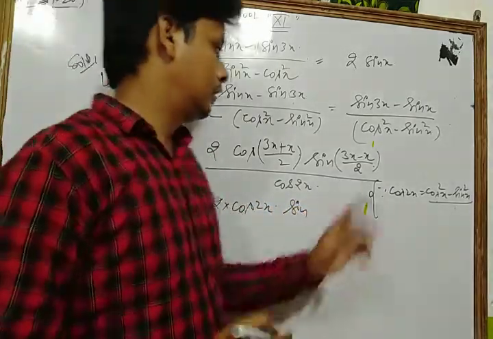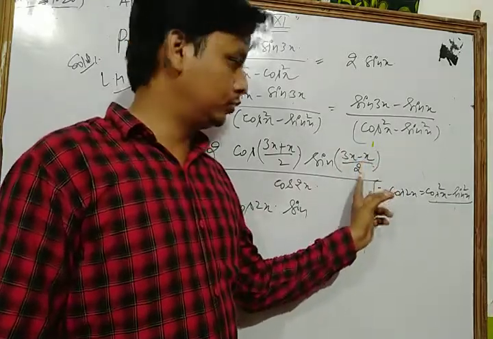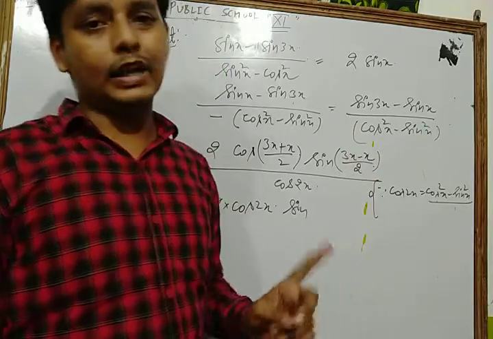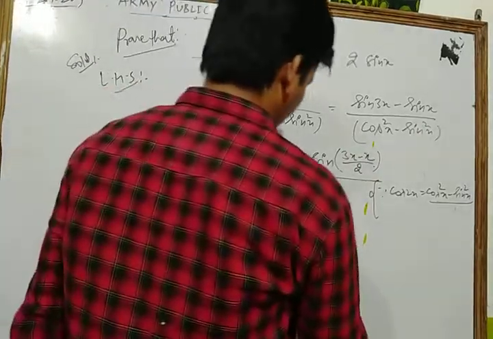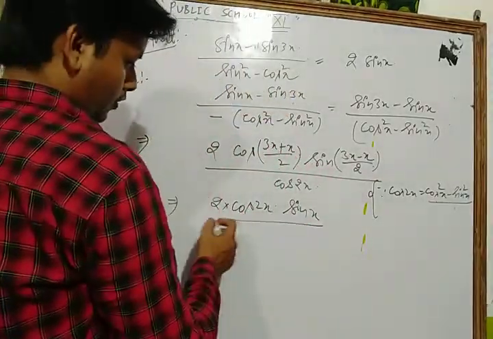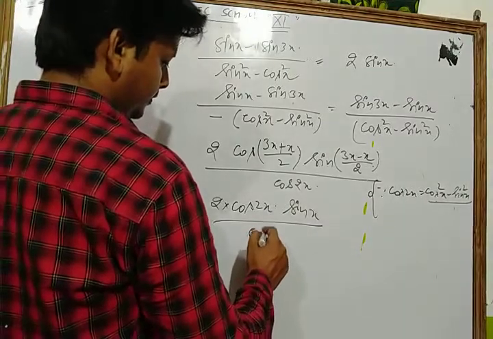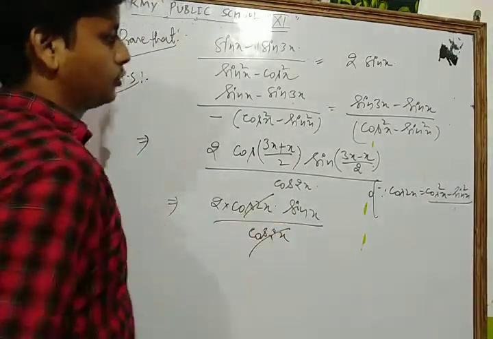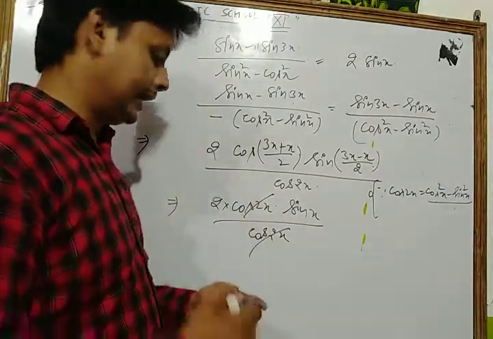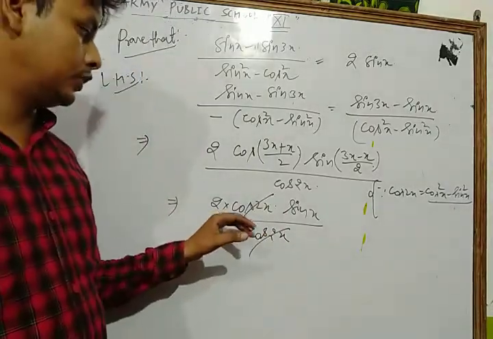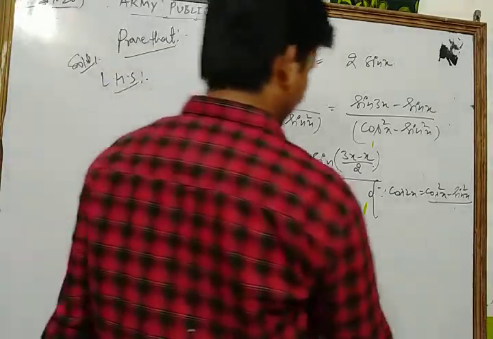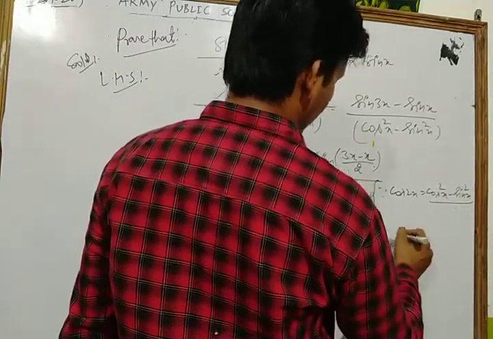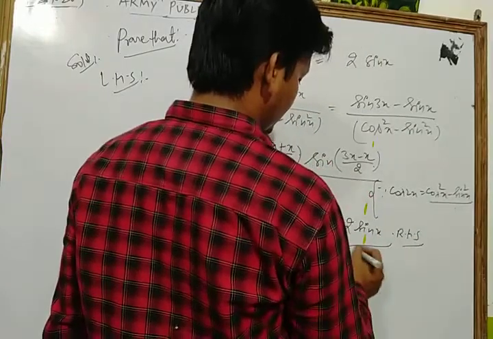Sin of (3x minus x) upon 2. 3x minus x is 2x, 2x upon 2, the 2s cancel each other, so only sin x is left, upon cos 2x. Cos 2x and cos 2x cancel each other, and then what do I get? 2 sin x. Here we get 2 sin x. This is the right hand side.